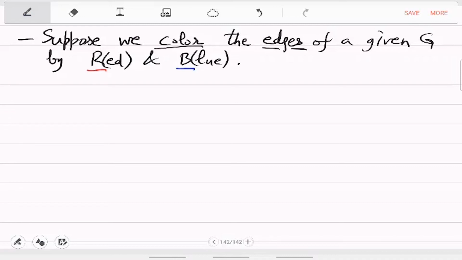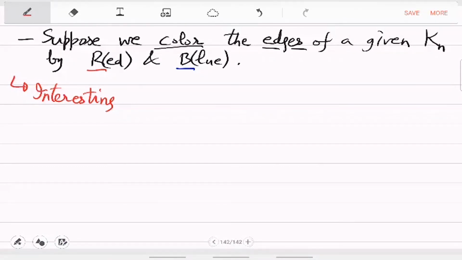So given a graph G, we have arbitrarily colored only the edges, red or blue. In other words, we have partitioned the edges into two types. Then can we identify complete subgraphs that are monochromatic? In fact, let me say that it's Kn that we are coloring.